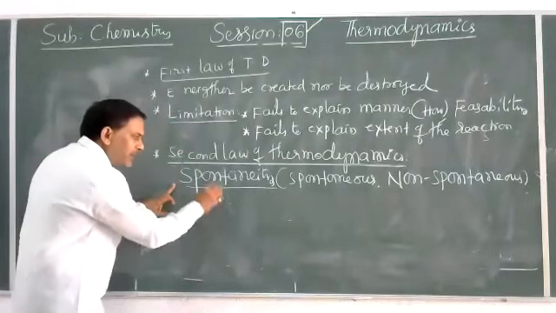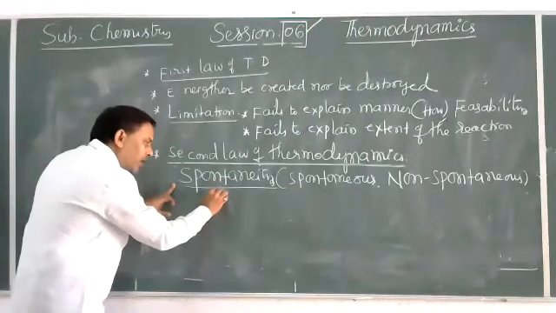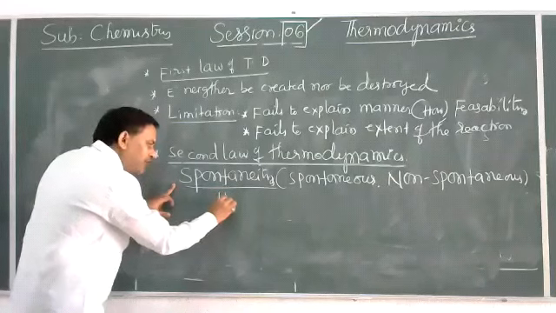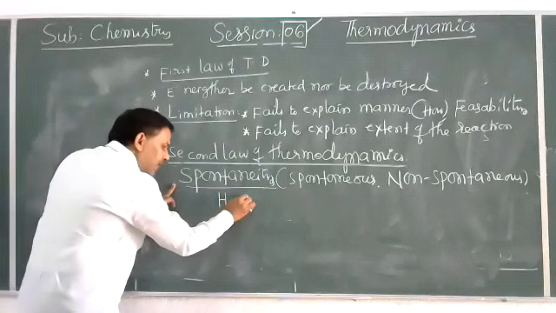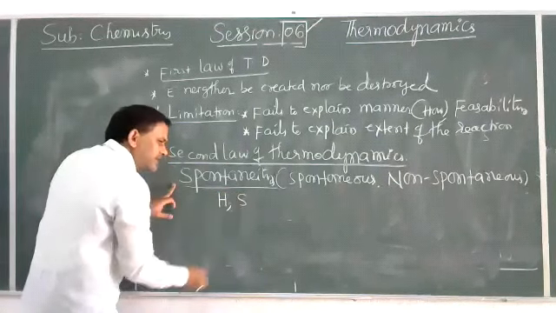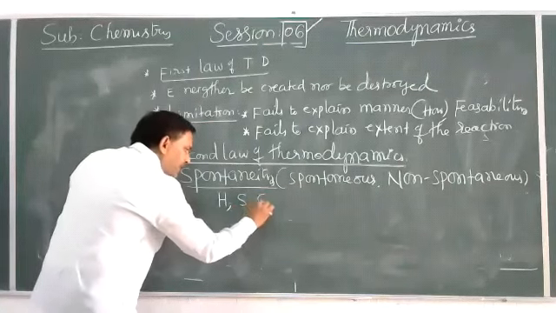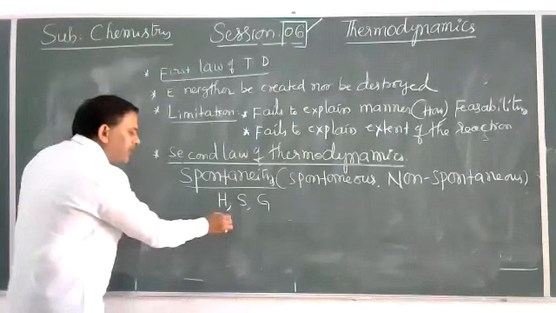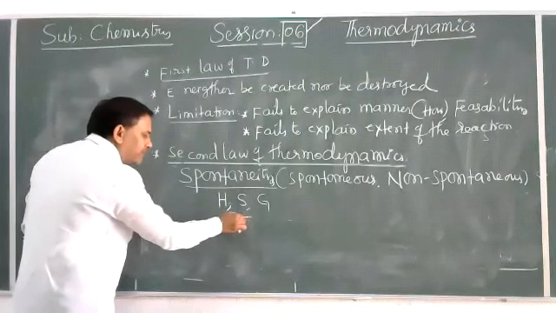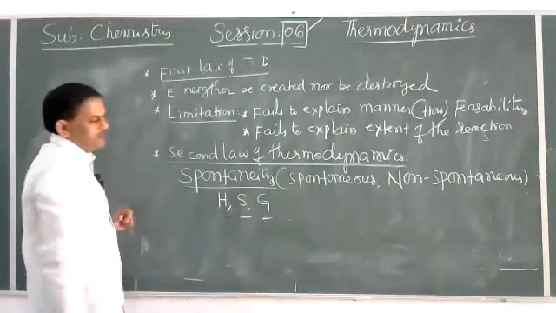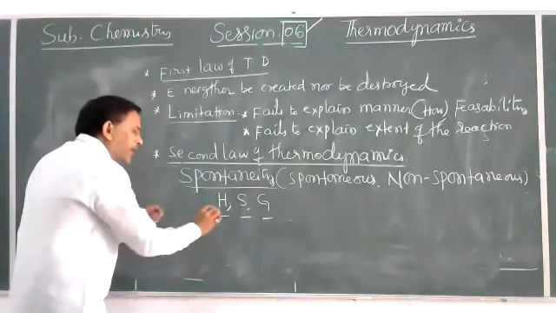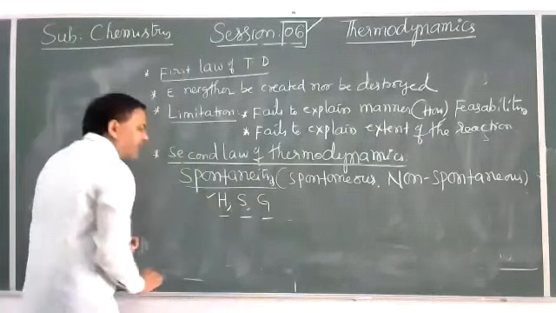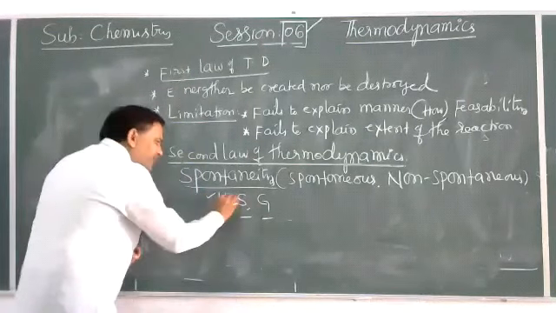To explain overall spontaneity, H enthalpy is required, S entropy is required, and G free energy is required. It is the heat factor, entropy factor, free energy factor. So by using enthalpy factor, entropy factor and free energy factor one by one, we can decide spontaneity of the reaction.